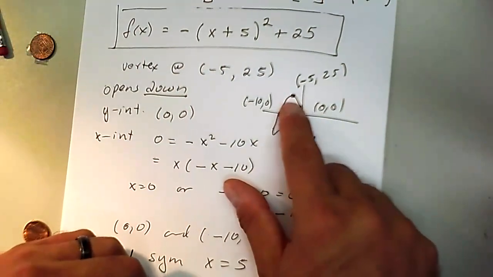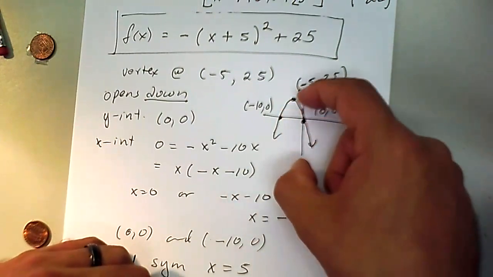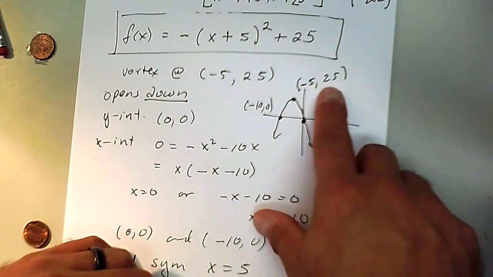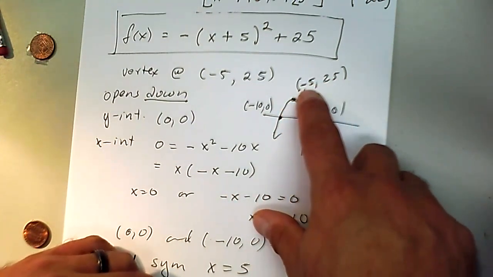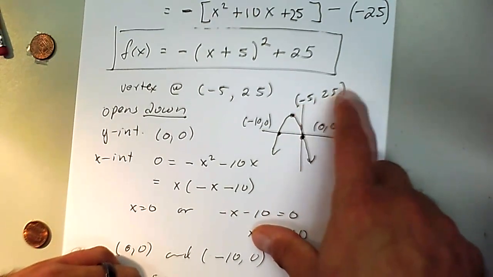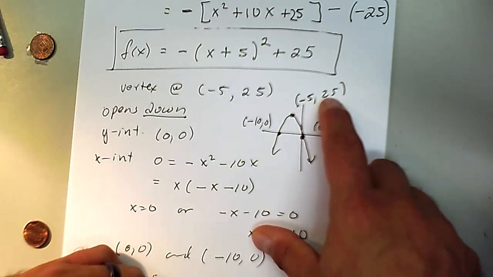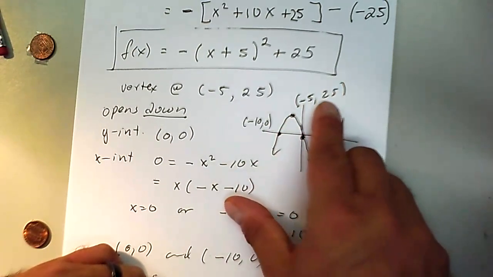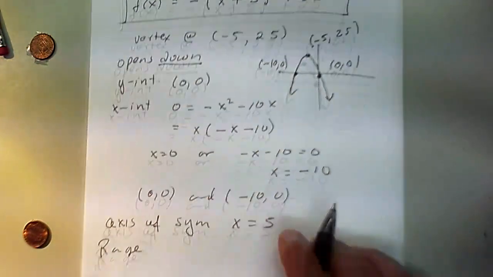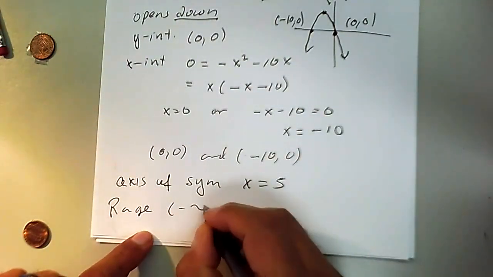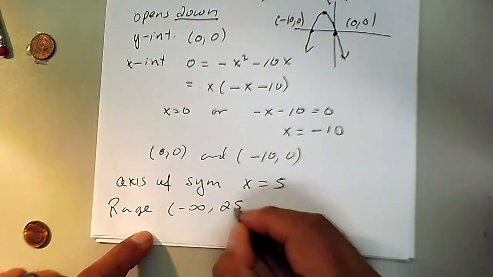So this maximum point tells us how far the output goes up to 25. Remember, the first coordinate has to do with the input. The second coordinate has to do with the output. So the most the function can yield as an output is 25. So the range is from negative infinity up to 25.